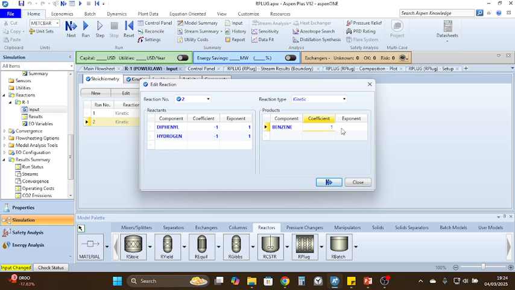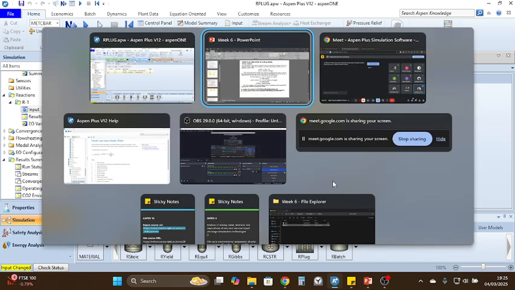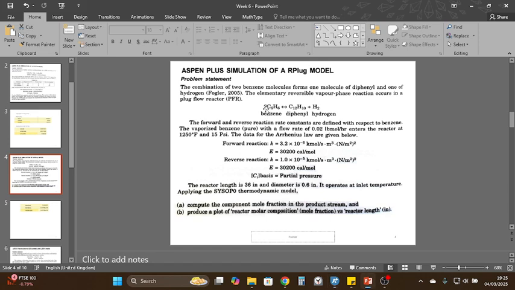This coefficient is 1. And first is this one is 12.